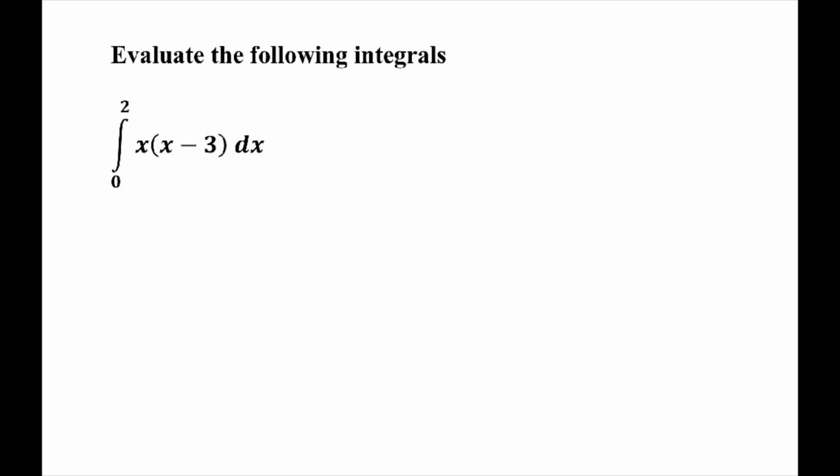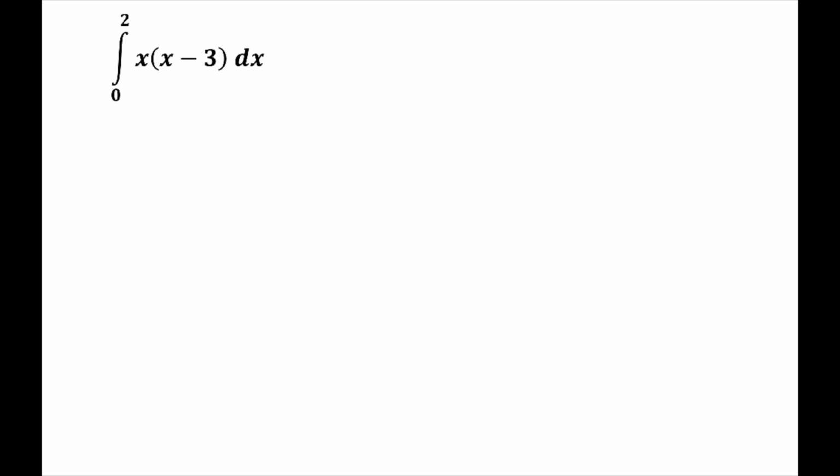So let's start with this example. The integration of x(x minus 3) dx from 0 to 2. First of all, I'm going to expand. So it's going to be the integration from 0 to 2 of x squared minus 3x dx.